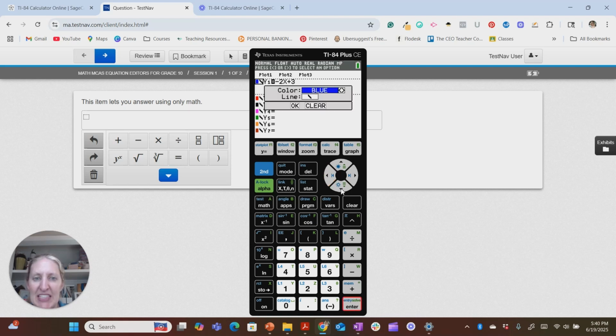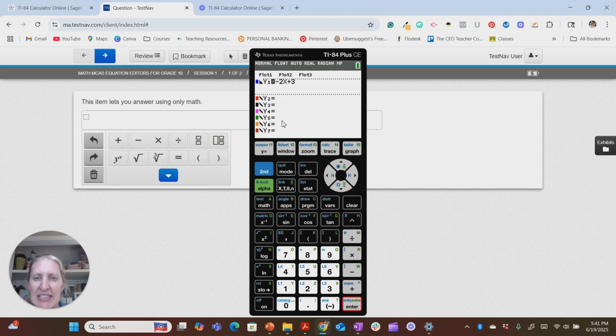And it's blue, that's fine. My line, I want it to shade, and it's less than. So I'm going to have the dotted line, and I'm going to shade below it.